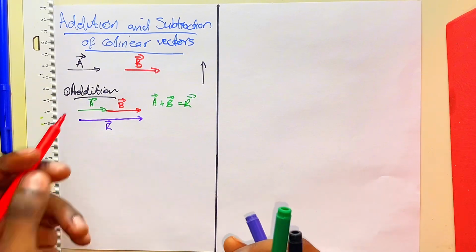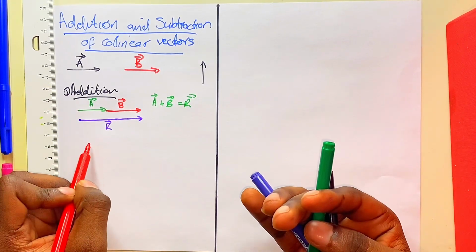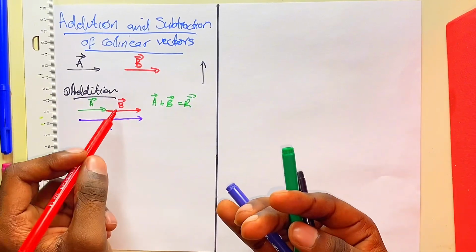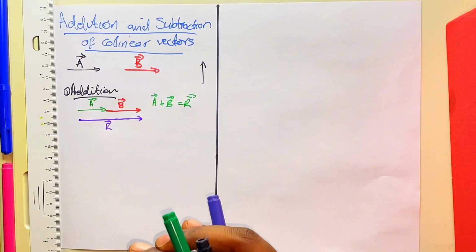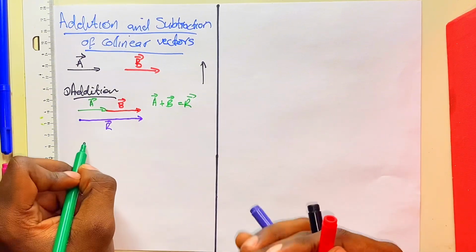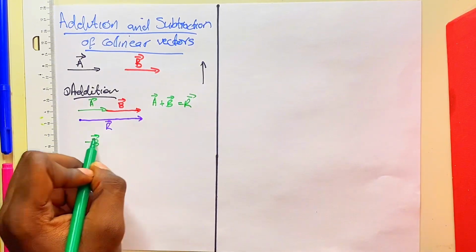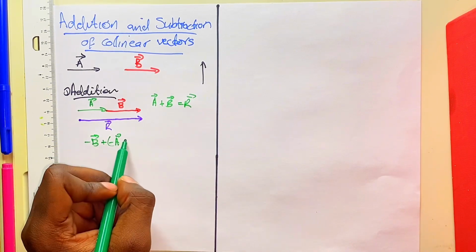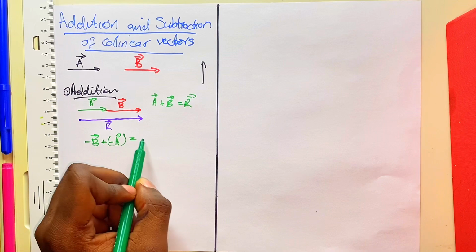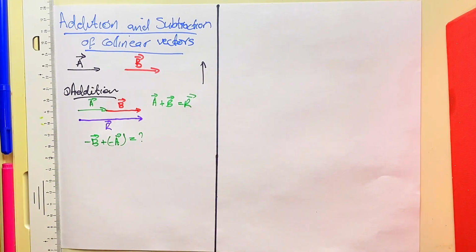They will give you their resultant. Even if you have a B that is going the other direction, that is to say, how do we add a negative B and we add it to a negative A? What will be our resultant?